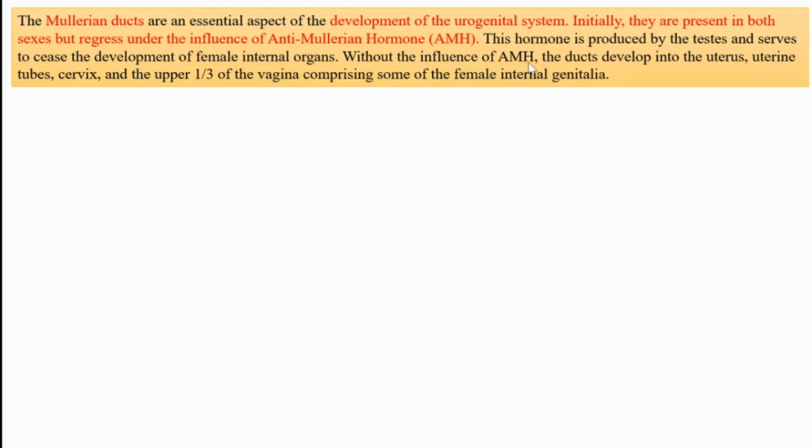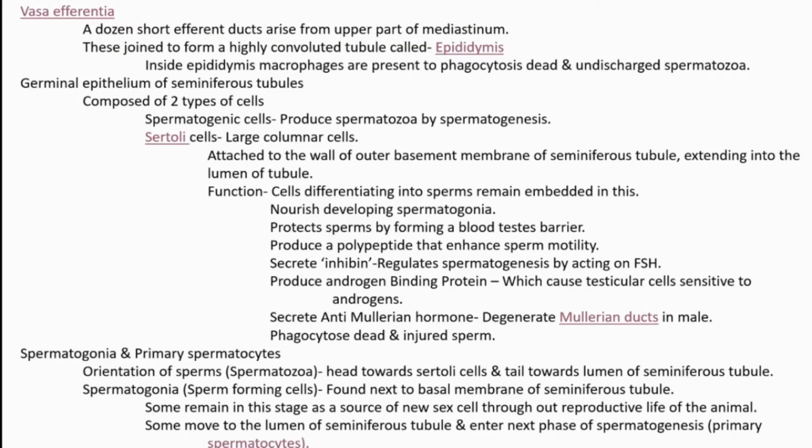Without the influence of AMH, the ducts develop into the uterus, uterine tubules, cervix and upper one-third of the vagina. So it's very necessary to degenerate the Mullerian duct, and that duty is done by the anti-Mullerian hormone secreted by Sertoli cells. Sertoli cells also phagocytose dead and injured sperm. So it's very clear that Sertoli cells are that important.